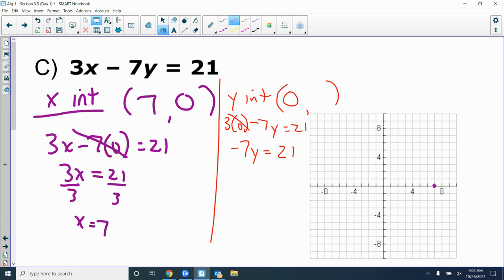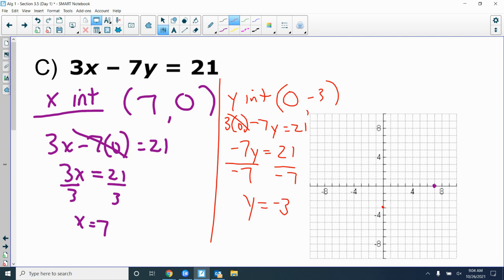So, Addie, what do I do now? No, got to get my y-intercept first. Divide the 21 by negative 7. Divide by negative 7 on both sides. So 0, negative 3?